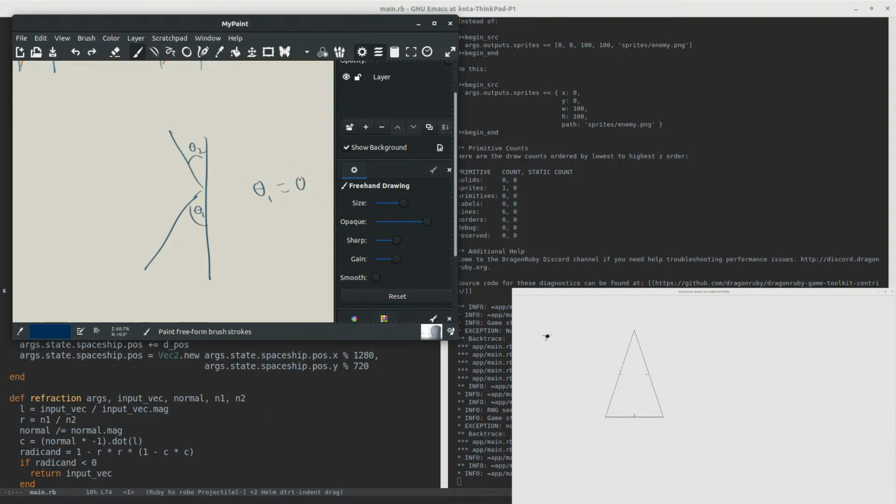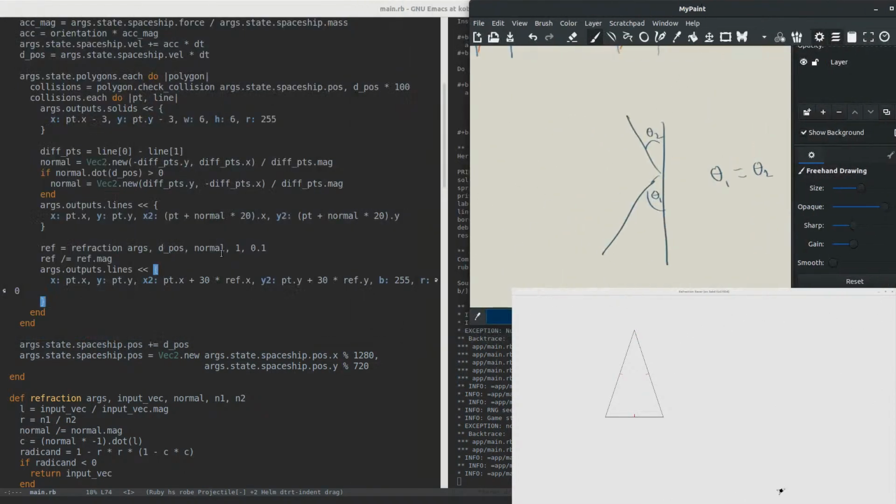So the index of refraction actually doesn't make a difference. So yeah, that's kind of the big difference there. Well, in this case, we actually have different theta 1s and theta 2s, since we're dealing with different indices of refraction on either side.